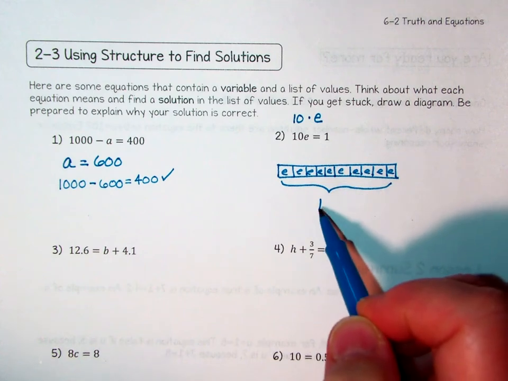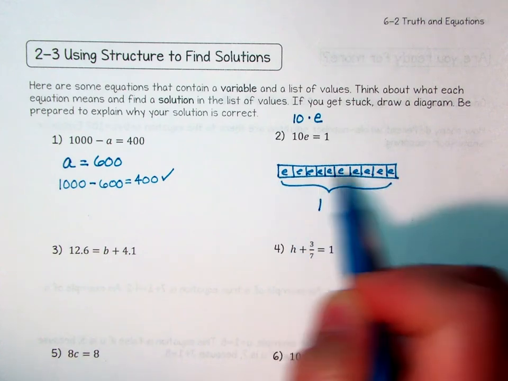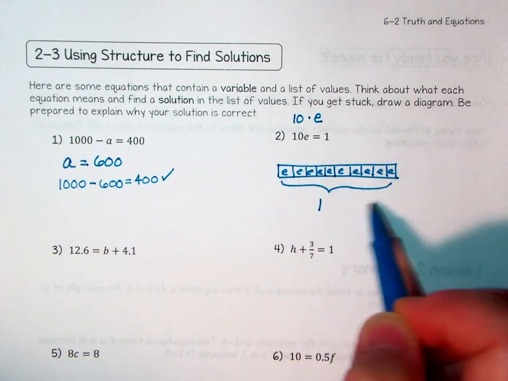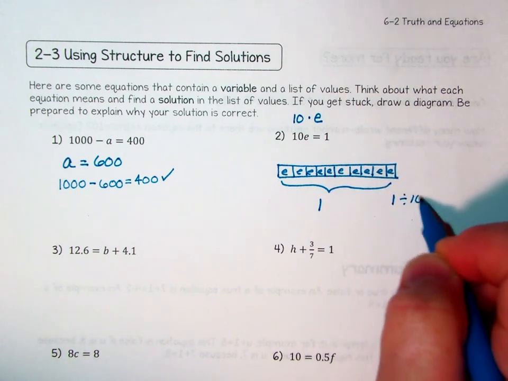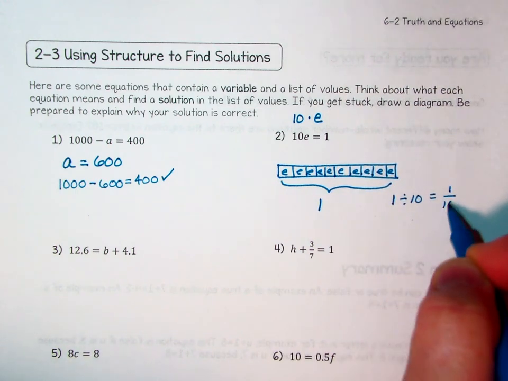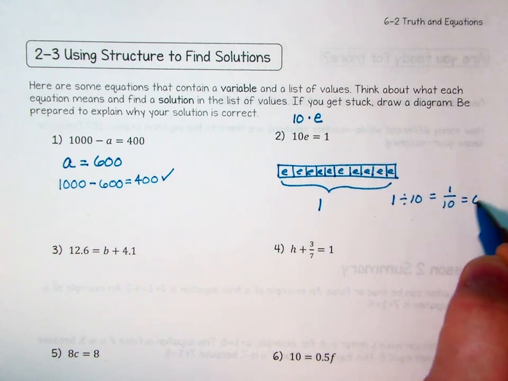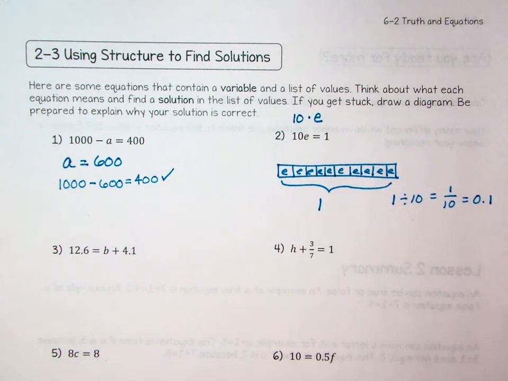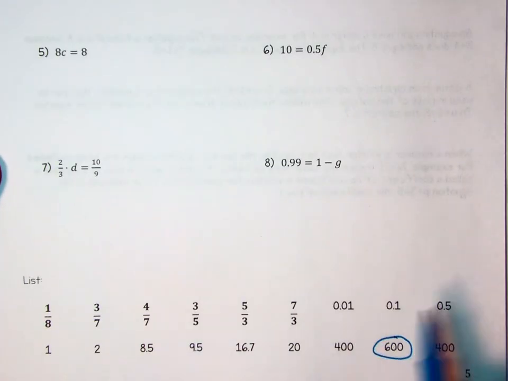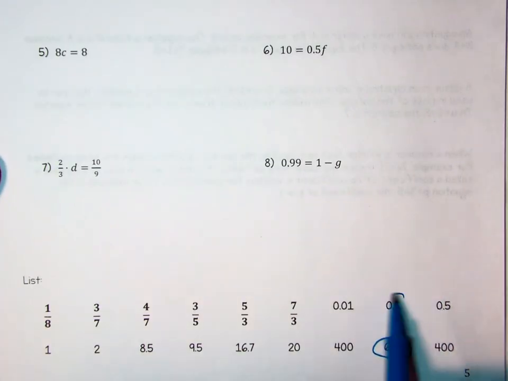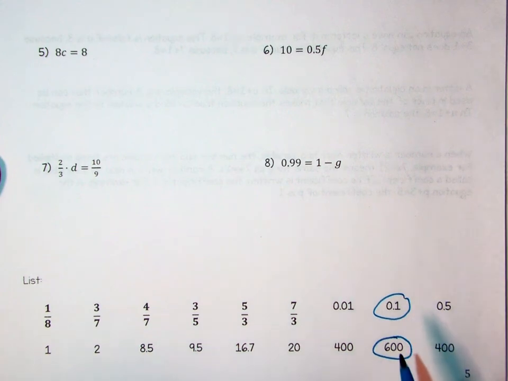So to solve this, I would have to take 1 and split it into 10 equal groups. So I would be doing 1 divided by 10. And 1 divided by 10 is 1/10, or if I want to write it in decimal form, 0.1. So if I come down to my number bank here, there I see it, 0.1, 1/10.